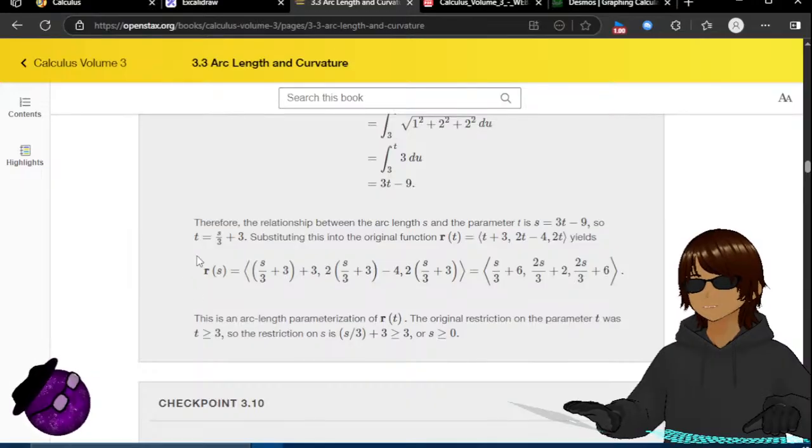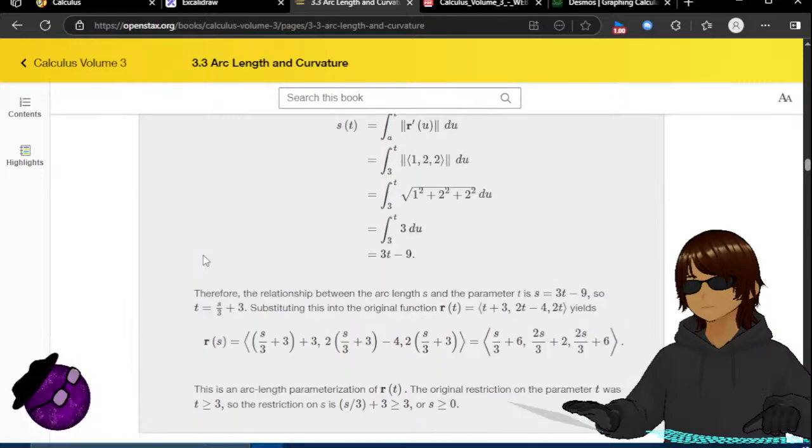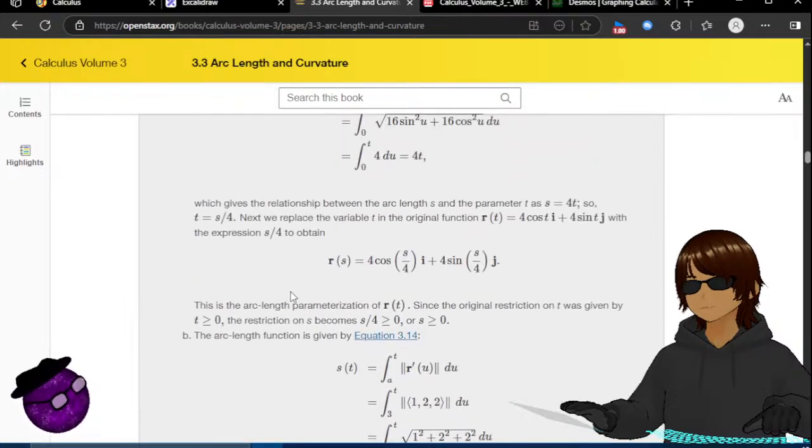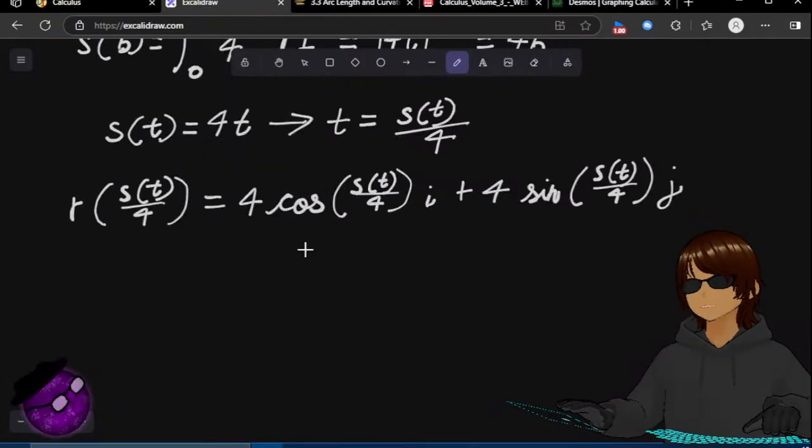Why don't they write s over 3 plus 3 instead? Instead, they just write s. I feel like if we just write r with the input of s, do we get the same curve?